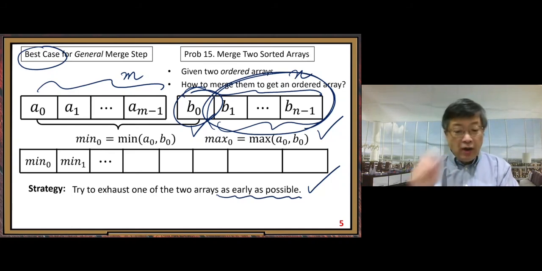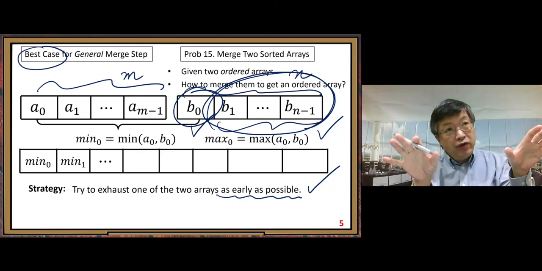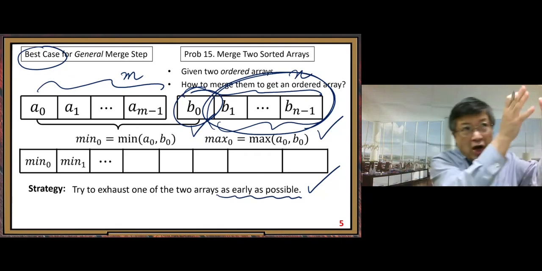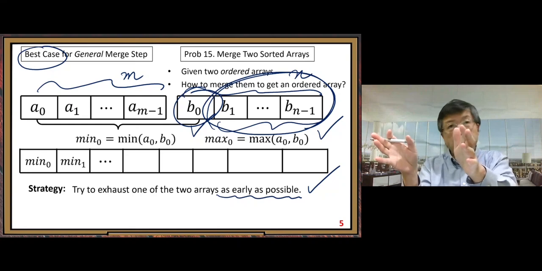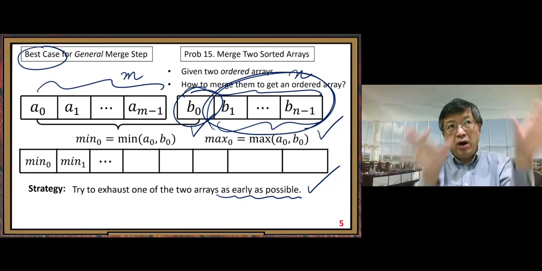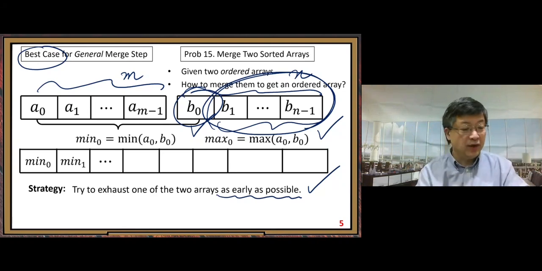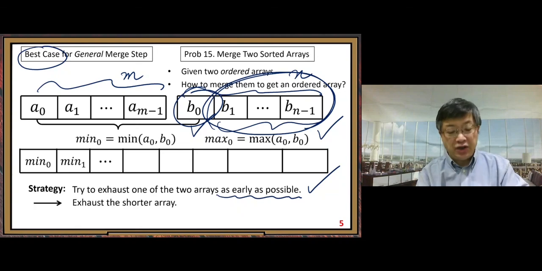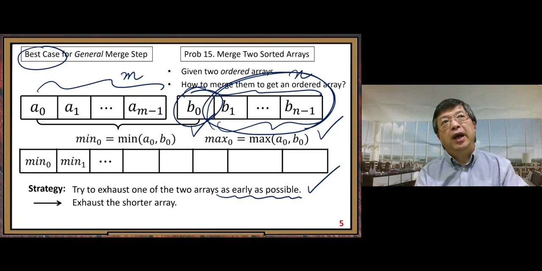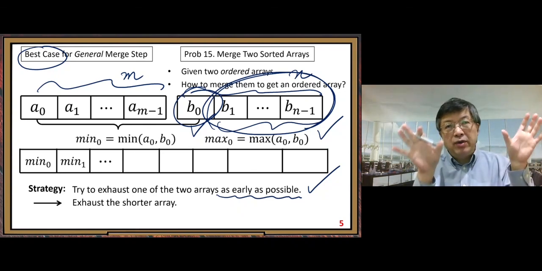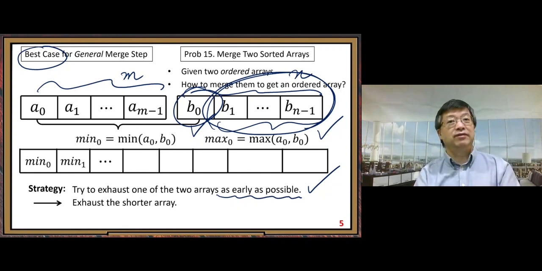Still, we have freedom to choose one of the subarrays. Do we exhaust the first subarray or the second subarray? Which one should we select? The next step of the strategy: exhaust the shorter array. If the sizes of the two subarrays are different, then we just exhaust the shorter subarray.